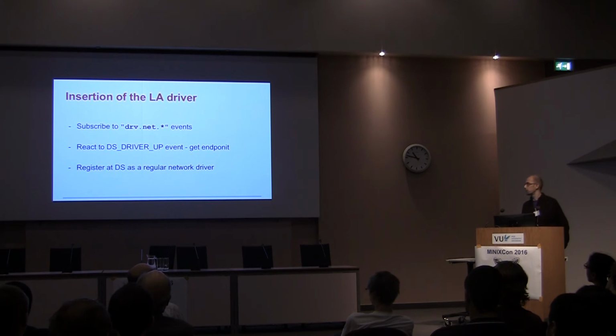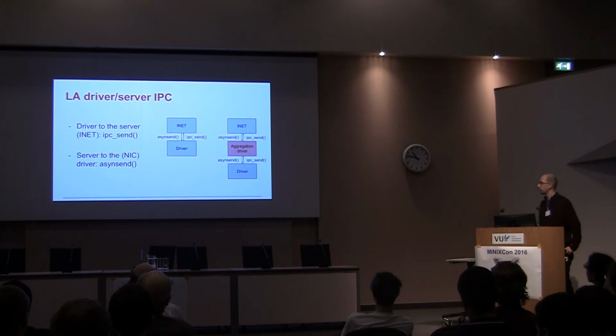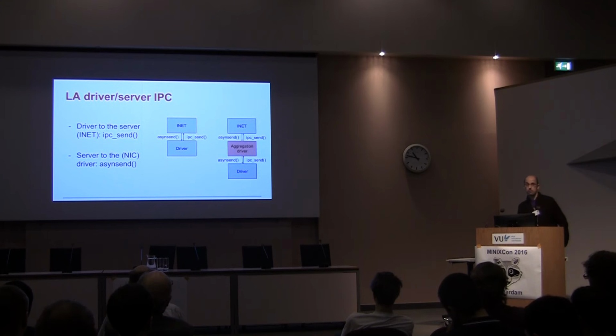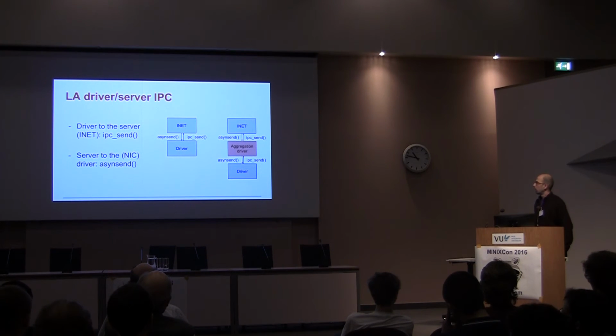Then it registers to DS as a regular network driver. Why? So that INET would detect it as a networking driver and communicate with it instead of other drivers. Which is basically a hack. It's not supposed to work like that, but I don't know, it worked.